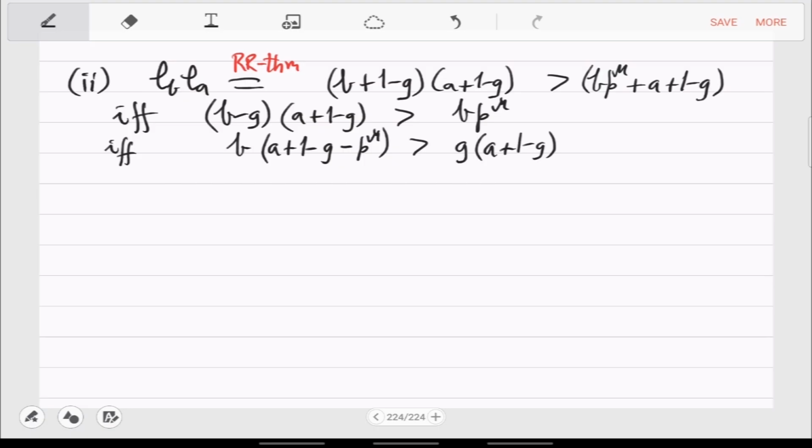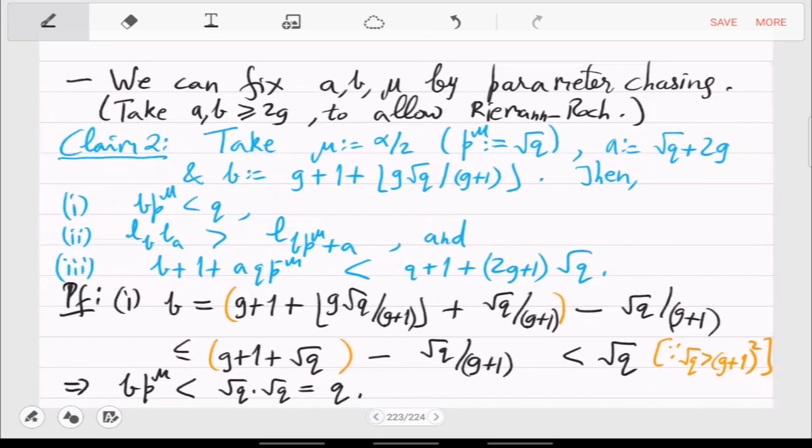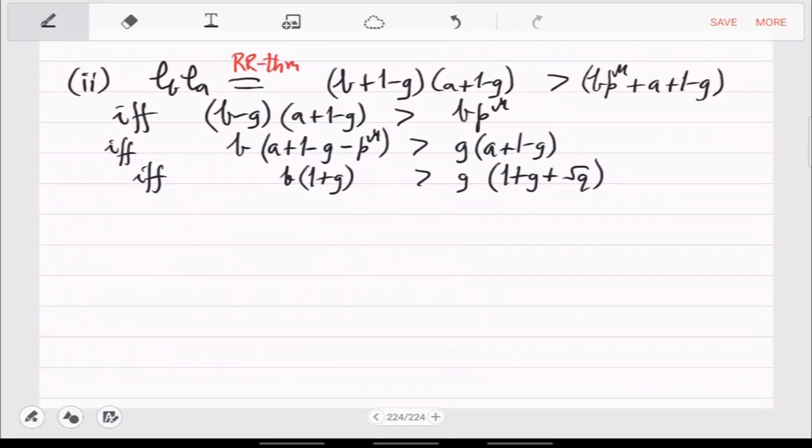If and only if, so what is this? This must be coming from A, I think. A is square root q plus 2g. It's coming from there.